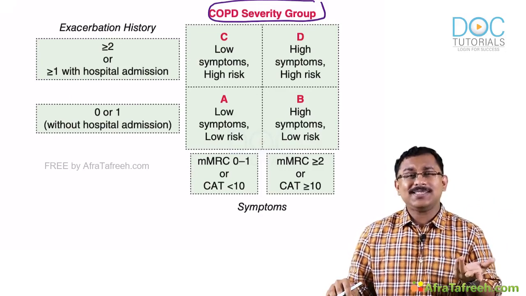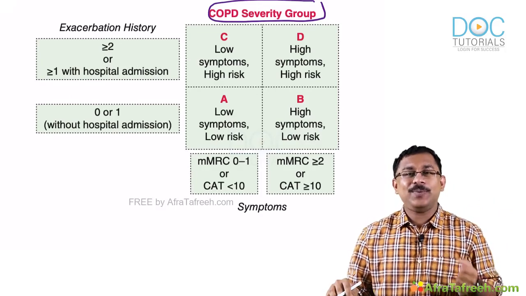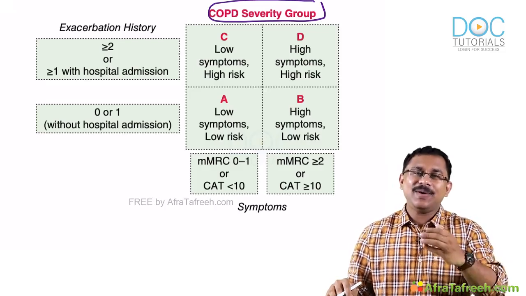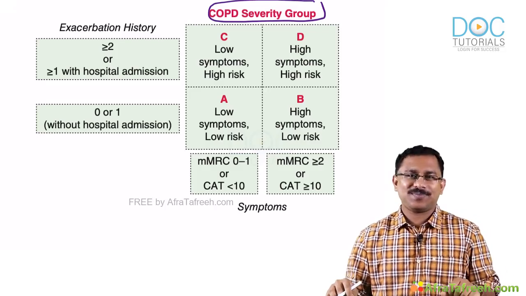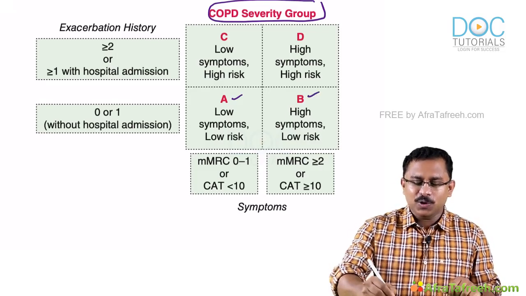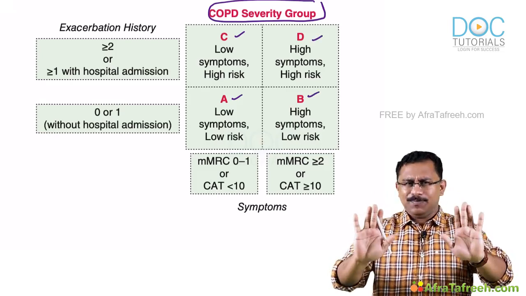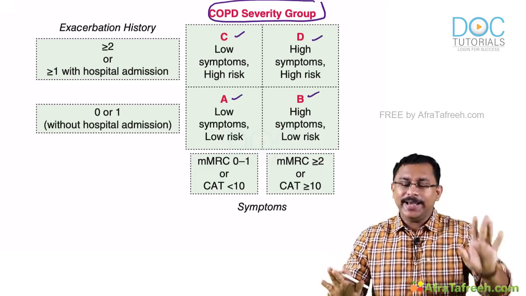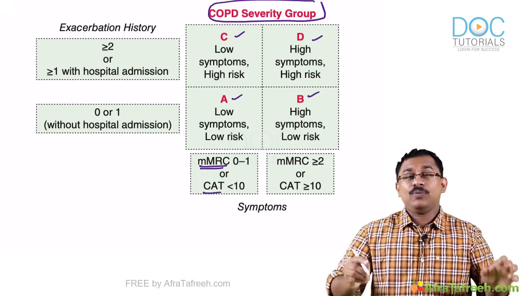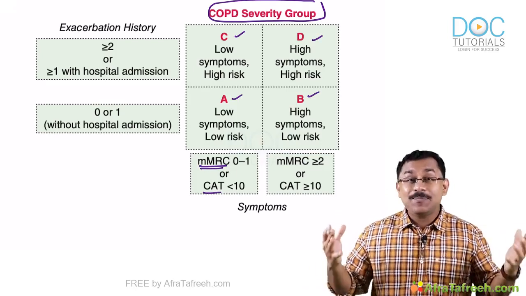Why should I learn the severity grouping of COPD? Because as per the GOLD guidelines, treatment is based on this grouping. So how do you group it? There is a group A, group B, group C, group D. Very simple. Remember what I told you? The MMRC and the CAT were based on what? Symptoms.